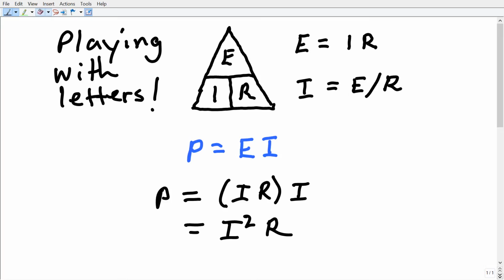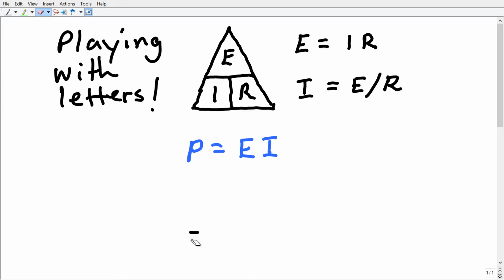Similarly, along the same philosophical lines, power equals, let's instead of current substitute voltage divided by resistance.